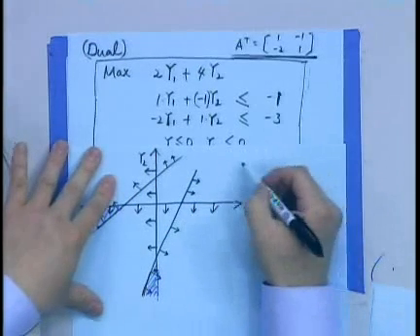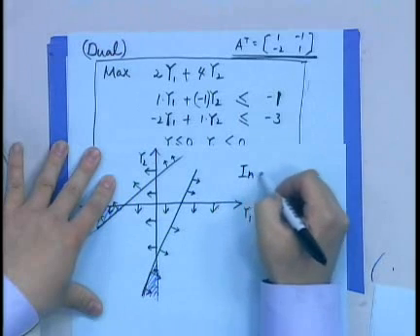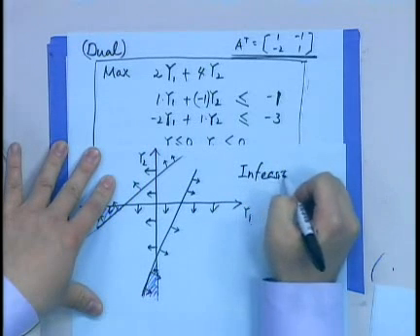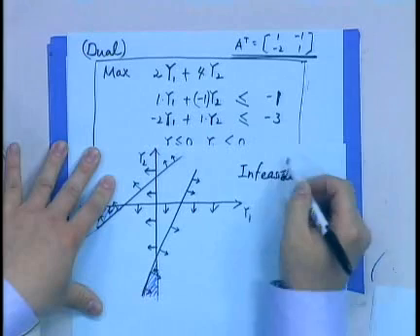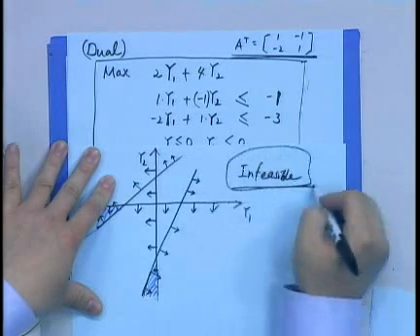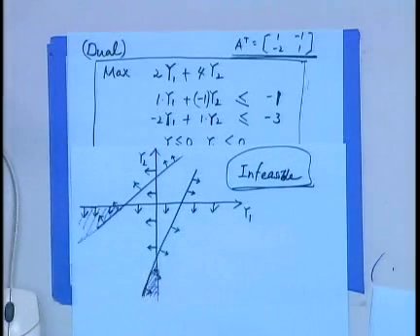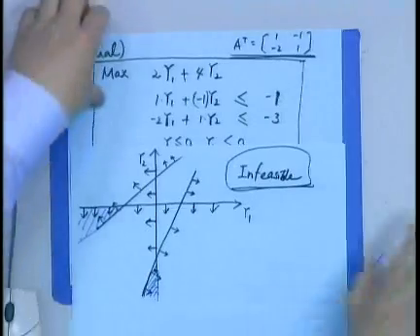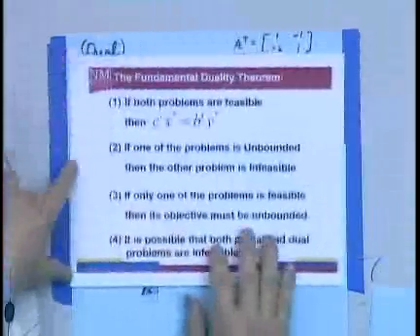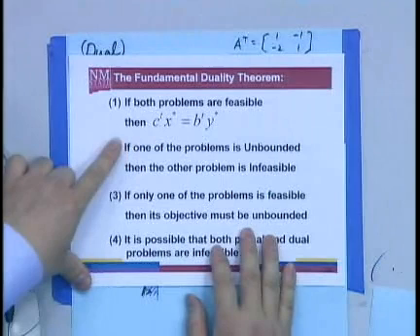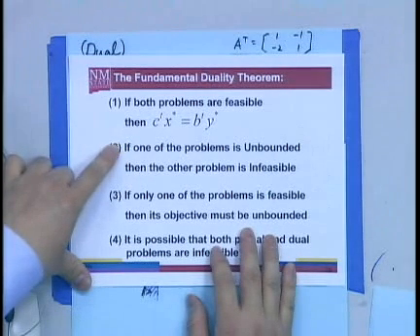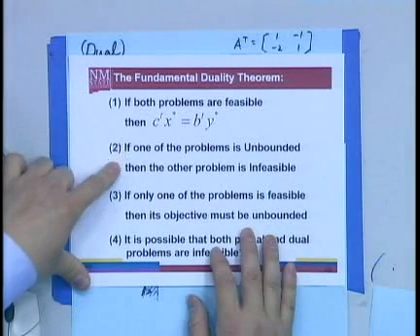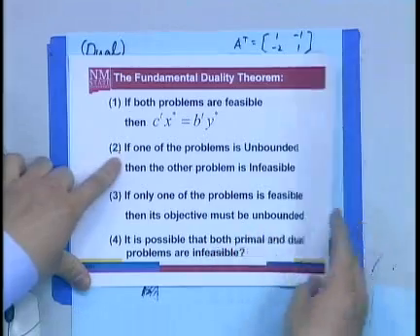Okay? So this is infeasible. So this second example shows if one of the problems has an unbounded objective, then the other problem is infeasible. Okay?